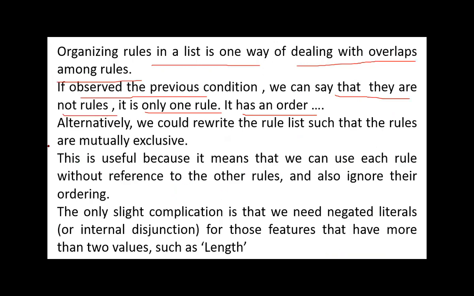Now, alternatively, we could write the rule list such that rules are mutually exclusive. That means you can execute whichever rule you want, so there is no order. This is called mutual exclusion. This is useful because we can use each rule without reference to the other rules.